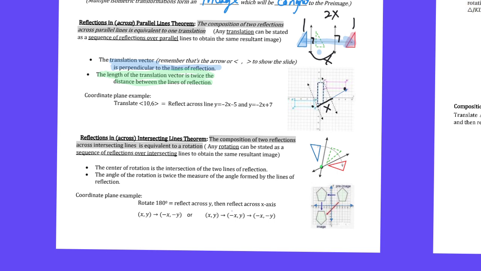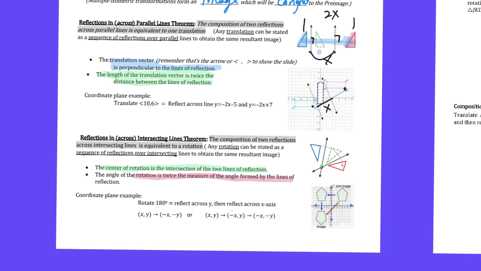So if you reflect a shape twice over those 2 lines, it's as if you had rotated it through space. The things to notice about this theorem would be the center of rotation is the intersection of those 2 lines of reflection. That's the first thing.